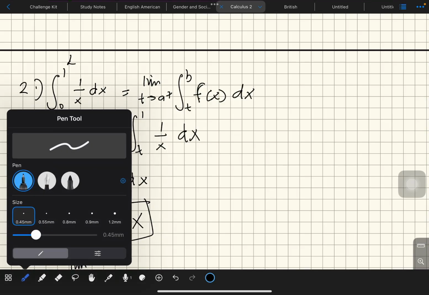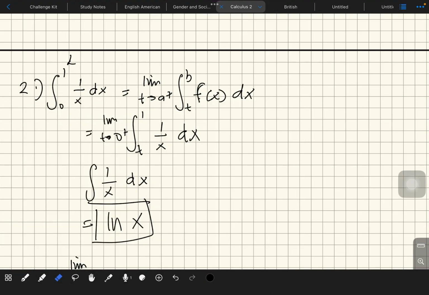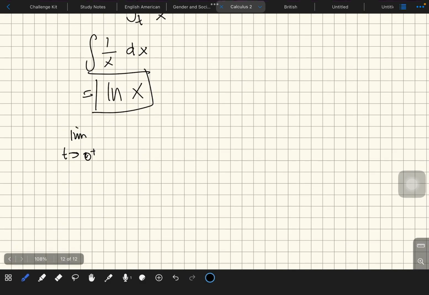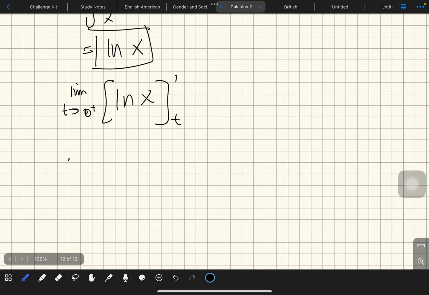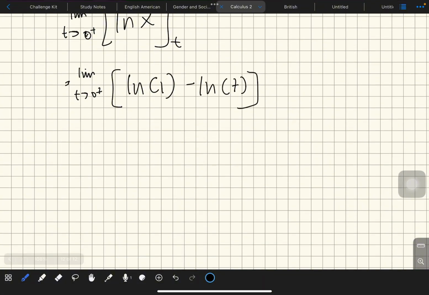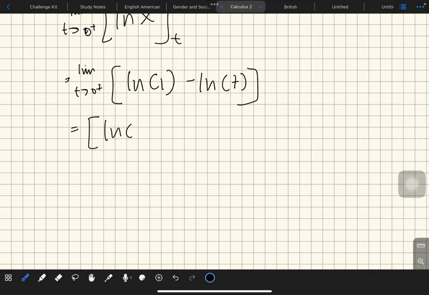Okay, nice. So now it will become ln x from t to 1, which becomes limit where t approaches 0 from the right, ln 1 minus ln t. So apply the limit: ln 1 minus ln 0.